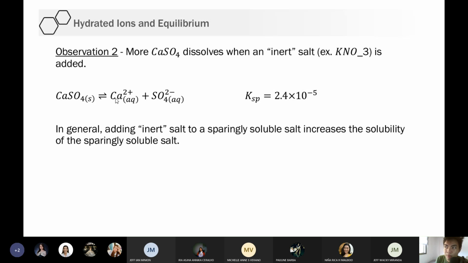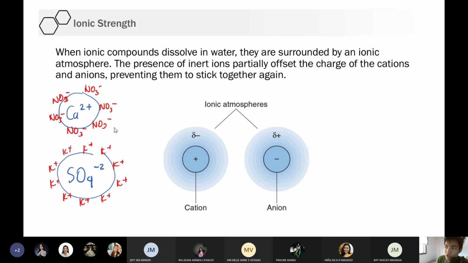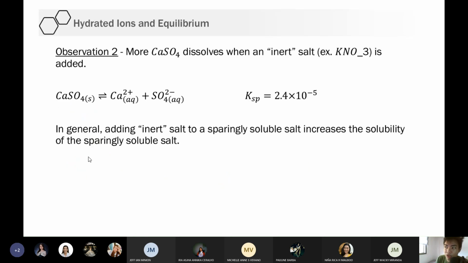So again, why? Because inert ions provide a shield that prevents the two ions from reforming the precipitate. They shield the two ions so that the reverse reaction will not occur. So only the forward reaction will be possible. That's why the solubility of the precipitate increases when we add inert salt.